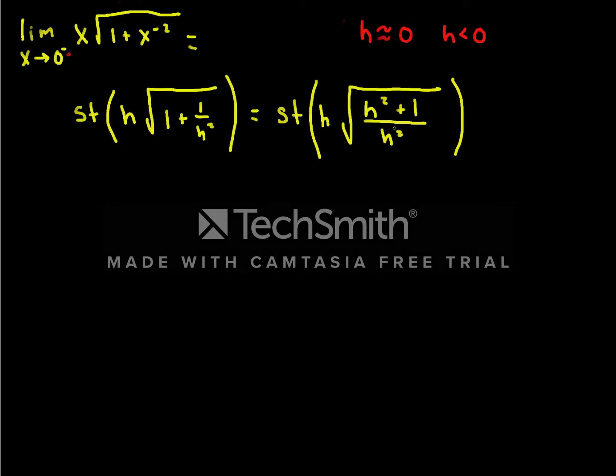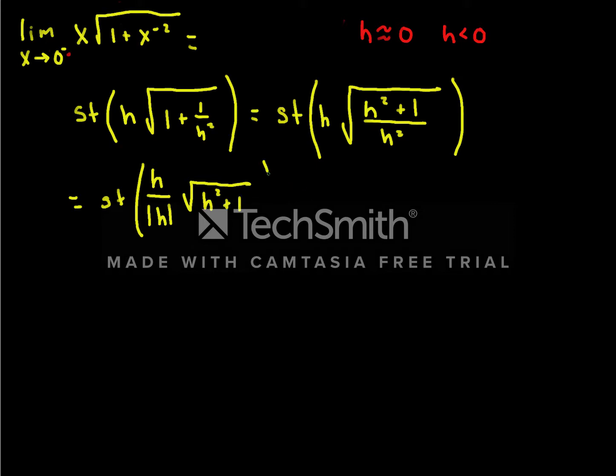Now I'm taking the square root, and the h squared is here, so I can bring it out. So this is the standard part, but when I bring it out, it's got to be the positive, because the square root returns the positive value. So this is h over the absolute value of h times the square root of h squared plus 1.